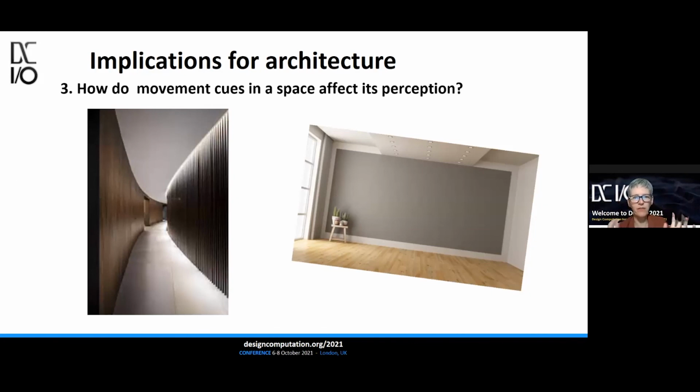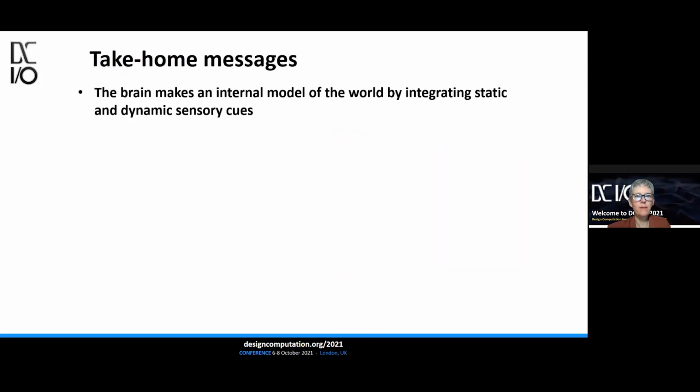And I think there's a lot of potential in architecture to play with this relationship and to exploit it, to confuse it, to assist it, all of these things. So I think thinking about movement in relation to the self-motion system, which is pretty well understood now in the brain, is interesting. So I'm going to just stop there.